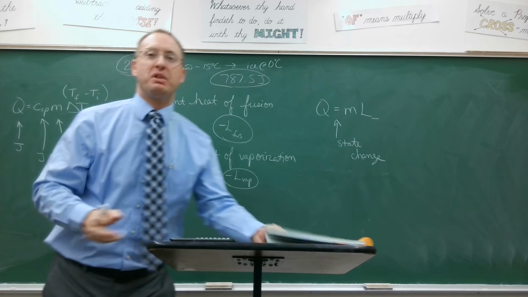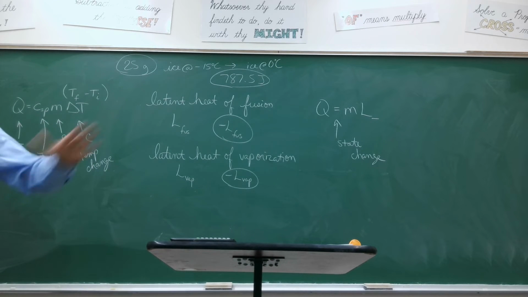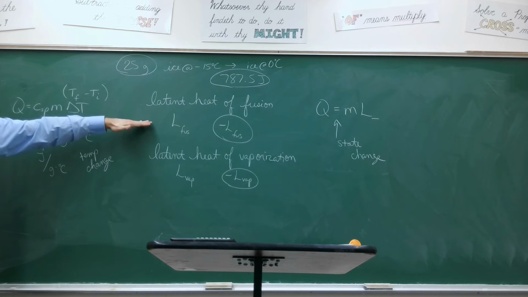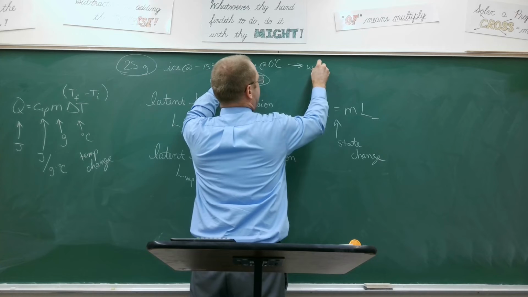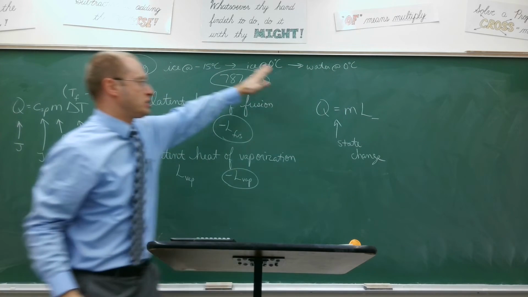Now, once something is at its melting point, it doesn't instantly melt. It doesn't just magically become liquid. No, you keep adding more heat, class. We add what? Specifically called the heat of fusion, the latent heat of fusion. That's what needs to be added to take ice at 0 degrees and turn it into water at 0 degrees. That's the state change.